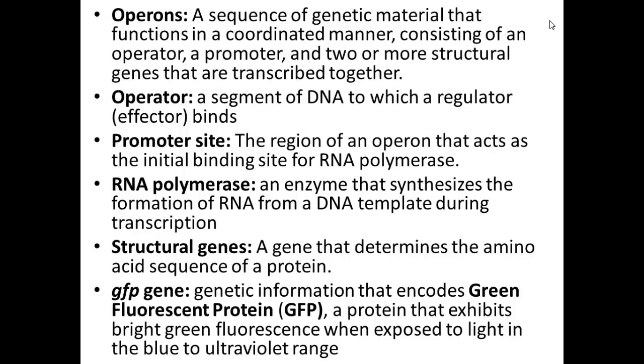Or sometimes it's always available. It just depends. What is RNA polymerase? As the name implies, it makes RNA, right? Because we've got to go from DNA to RNA before we can make the proteins. The structural genes are the ones that actually do something. So in the case of sugar digestion, these are the enzymes that actually will digest the sugar.